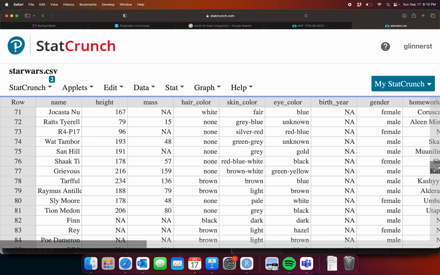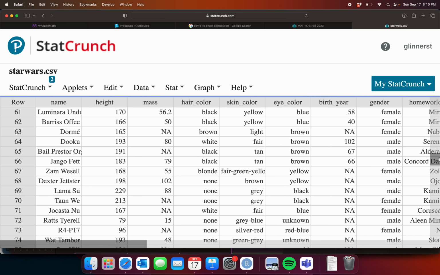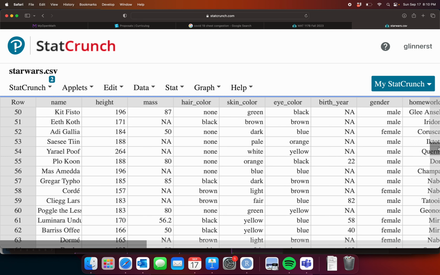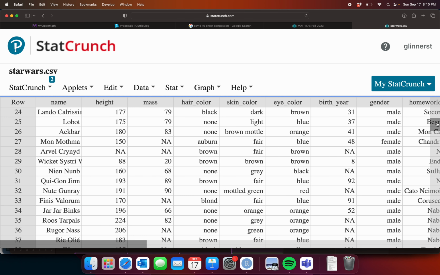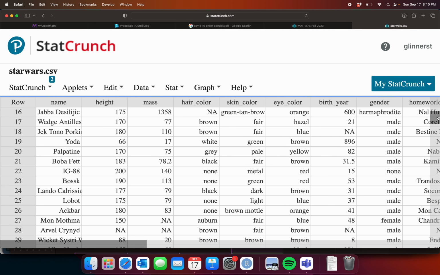If you look through the data, there aren't that many. Some of them don't have a mass, but there is one eventually. There, Jabba, last name I won't attempt to pronounce, whose mass is 1,358.